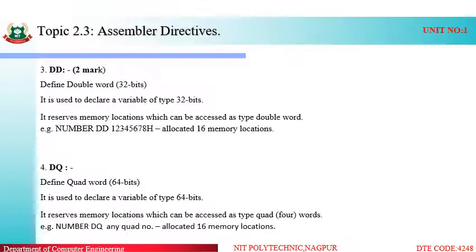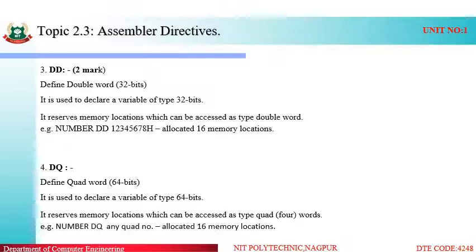Next is DD, that is define double word. Double word means double of word, that means 32 bits. It is used to declare a variable of 32 bits. So the syntax is again the same: variable name, assembler directive, that is DD, and how many hexadecimal digits will come? 8, because one hexadecimal digit equals 4 binary bits, therefore 8 hexadecimal digits equal 32 binary bits.